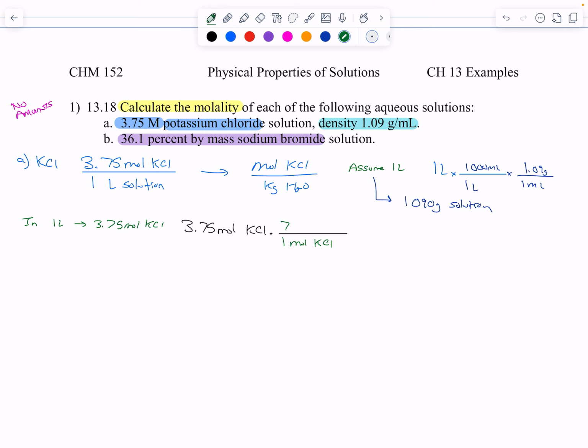So 74.55 grams of KCl. And so if I do that, 3.75 times our 74.55, I get 279.5625 grams of KCl in my solution.